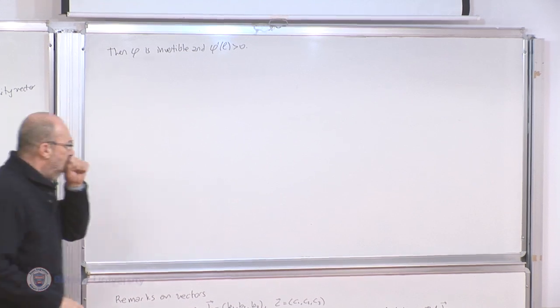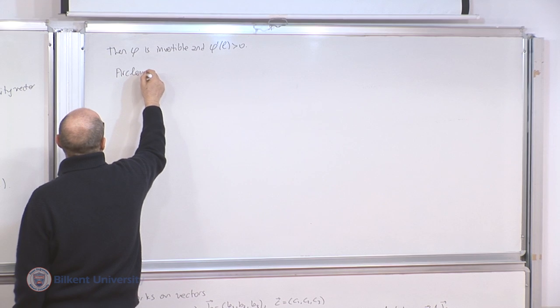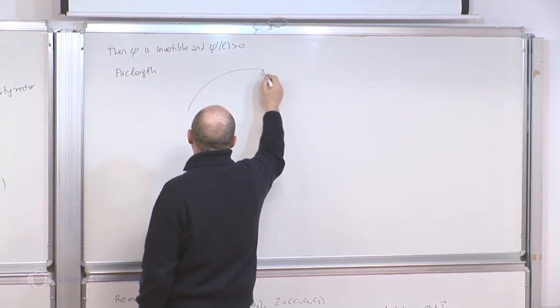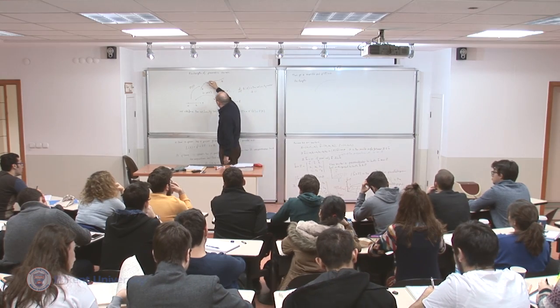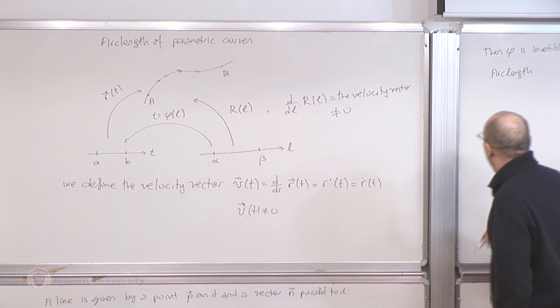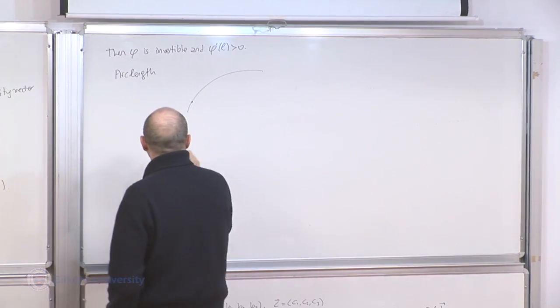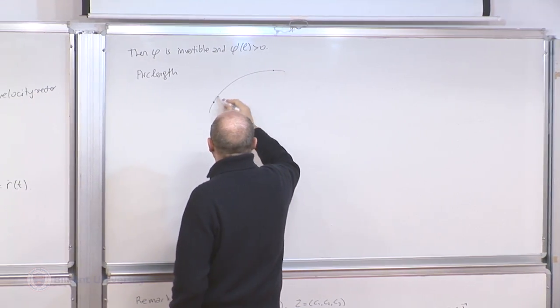So now let's go back to arc length. What we are doing is we have this small piece of arc. This part is just something small here. I'm exaggerating that. Suppose this point and this point. I want to find the length of this thing.